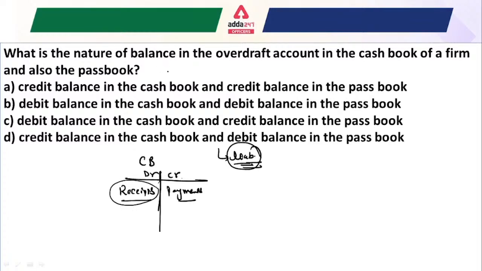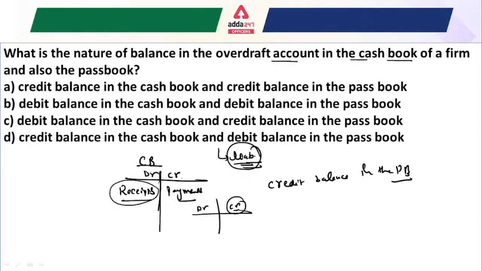So the nature of the balance in the overdraft account in the cash book of a firm is a credit balance in the cash book. We know that the cash book and the passbook are a mirror image of each other. Whatever the debit side of the cash book represents, it represents the credit side of the passbook, and whatever the credit side of the cash book represents, it represents the debit side of the passbook.